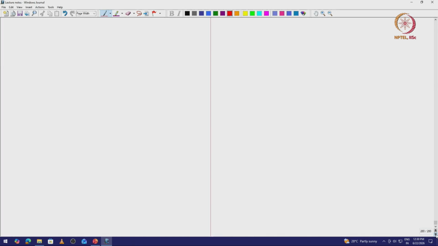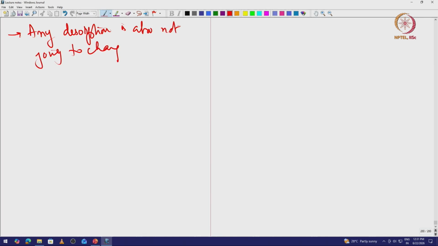Okay. Similarly, any desorption is also not going to change G surface, right. So, ideally a good position, let me see if I can draw it.